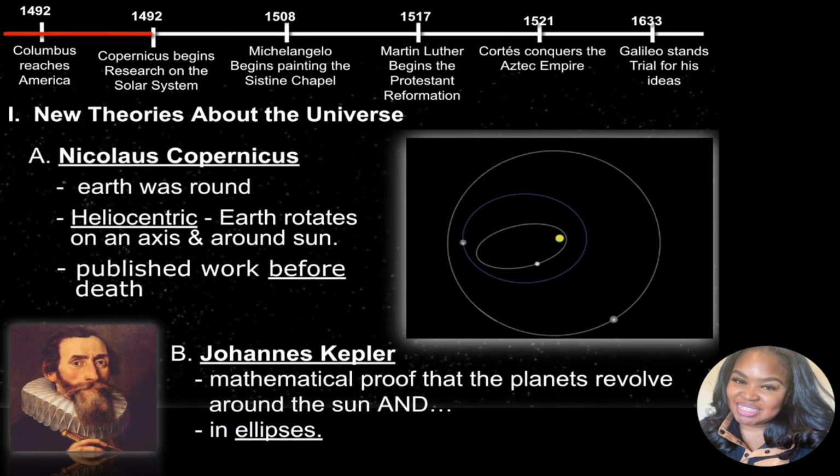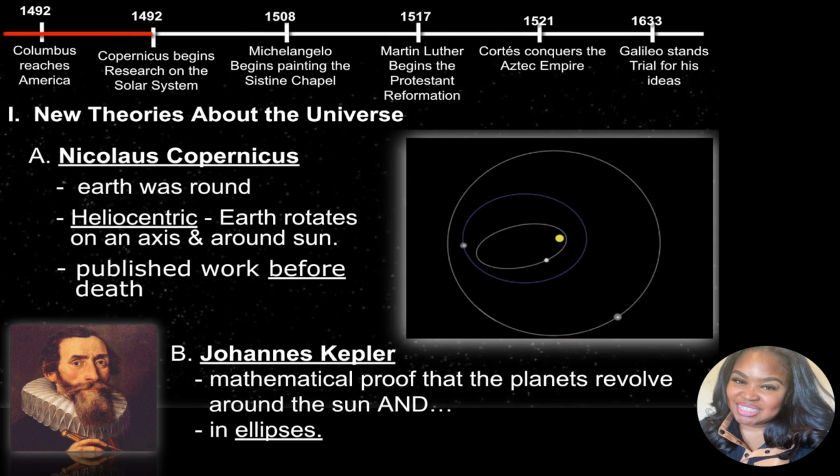Most experts believed that Copernicus was wrong, but Johannes Kepler, who was the assistant to another major scientist, was able to calculate that Copernicus was correct. And he was able to show that the planets move in ellipticals rather than circles around the sun.